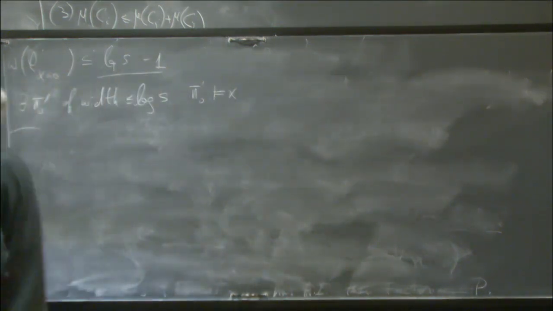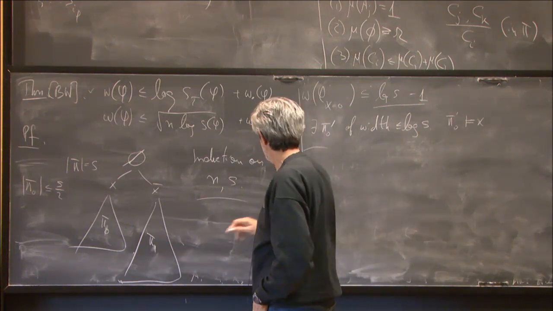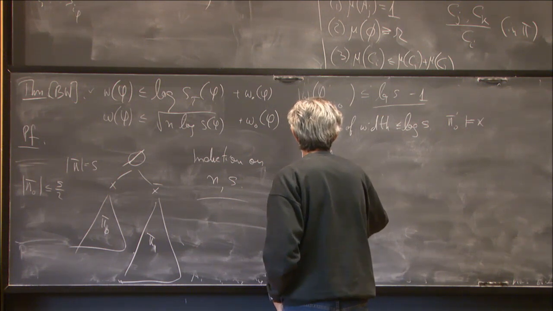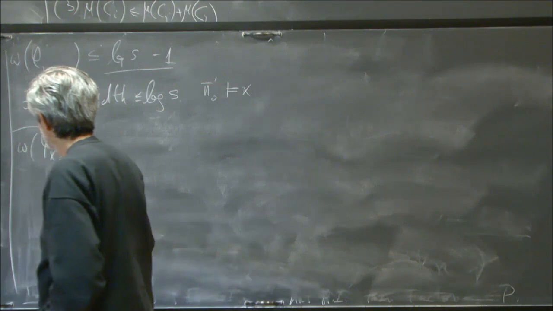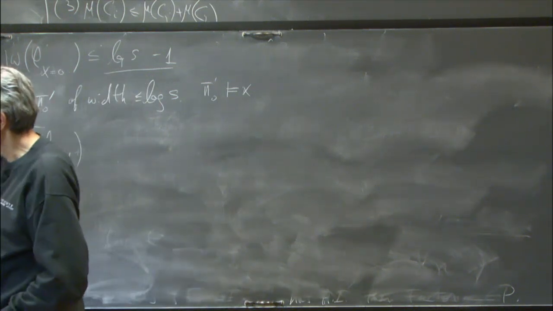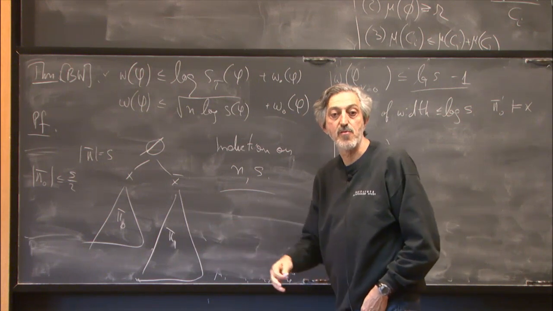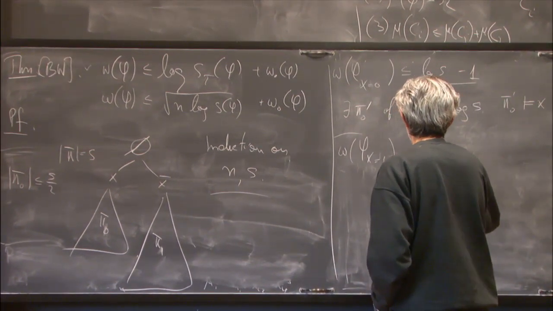First, let's look at the right-hand side, and I want to use induction on n here. Let me note that phi when x equals 1, so I can set x to 1. I have here a proof of length at most s, but on one variable less, so I know that this is at most log s.